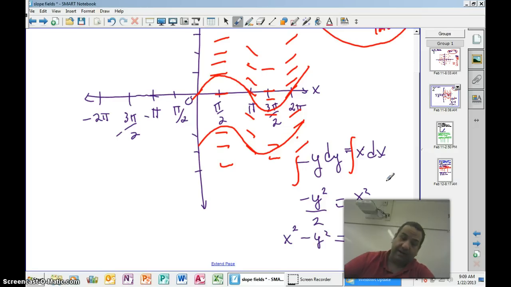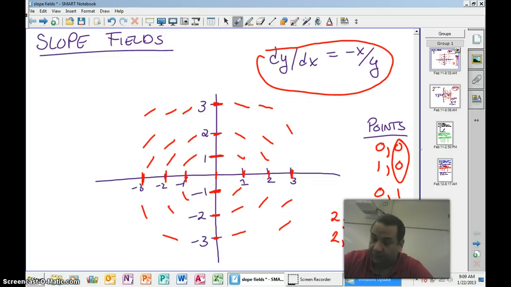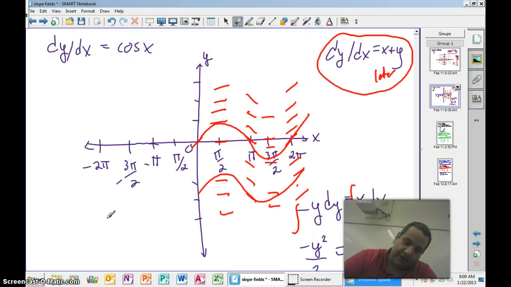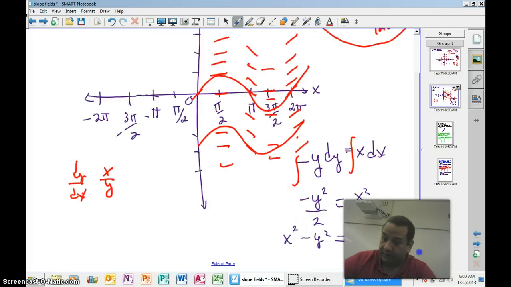The other one that we had before, let me go back real quick, is x over y. So if you wanted x over y, and we wanted to find out the dy dx, watch this one. The y would go up, multiply both sides by y, so you get y dy, and put the dx on the other side, and you get x dx.